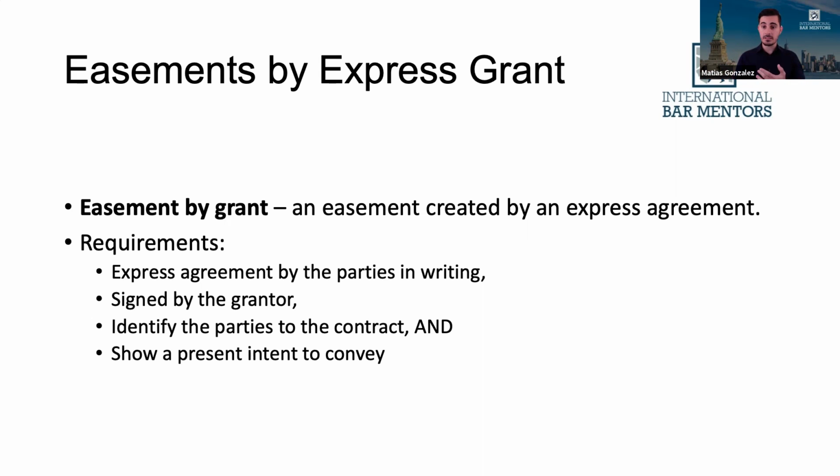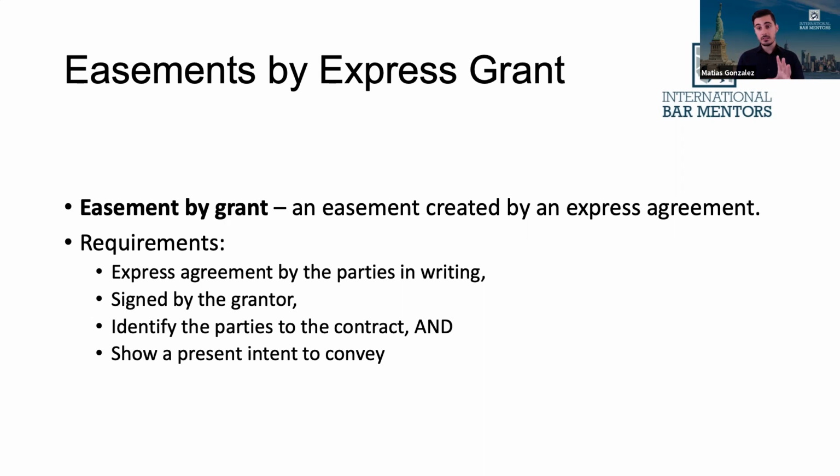The express agreement has to be in writing, so look for statute of frauds issues to come up. It has to be signed by the grantor. Again, grantor from the key terms is the person who owns the property and gives the property interest. It has to identify the parties to the contract, so the grantor and the grantee, and it has to show present intent to convey.